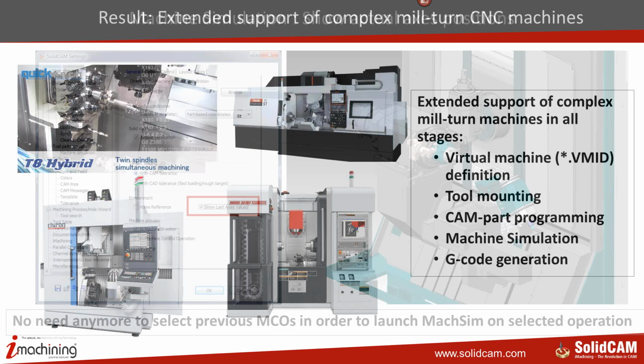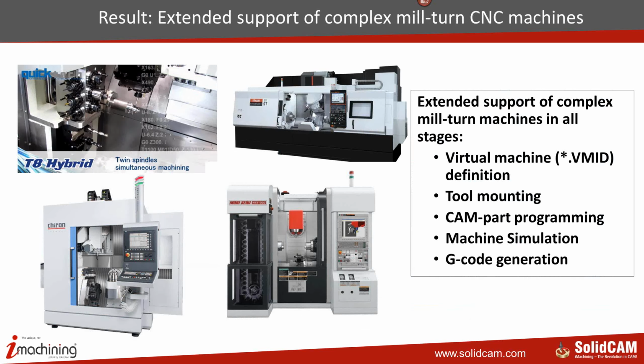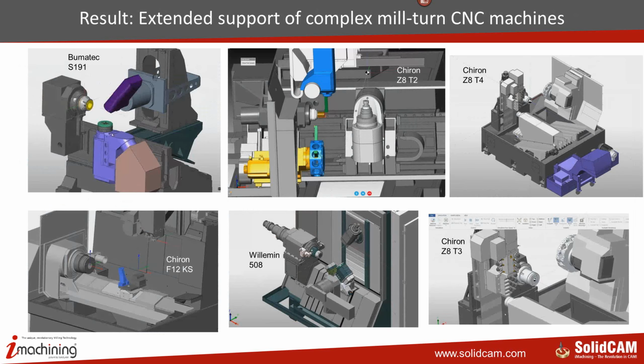So the end result, I mean, of all this effort is we provide you extended support of complex mill-turn machine in an easy way. And even the support for the not so complex mill-turn machine, I mean the standard one with two spindles, now it's much easier to program them and support.